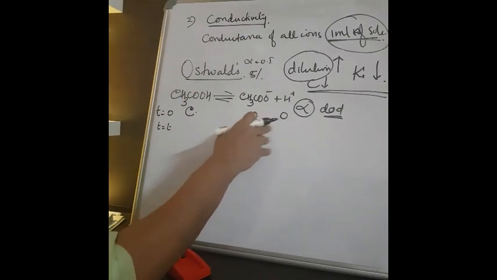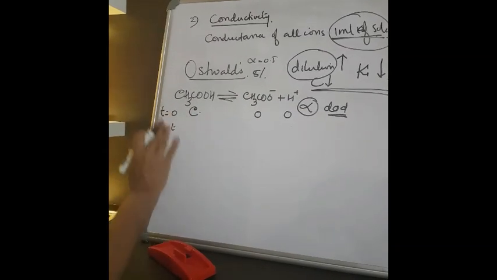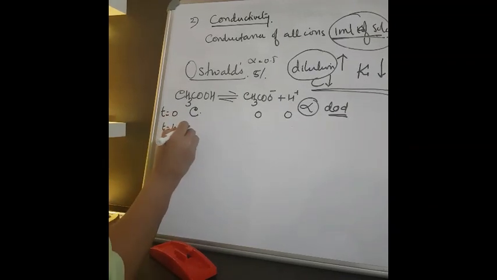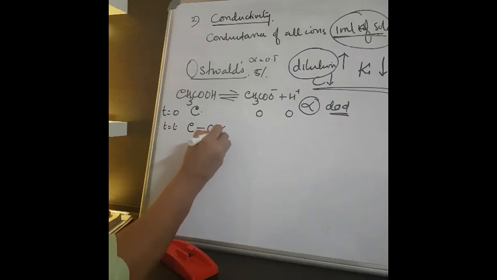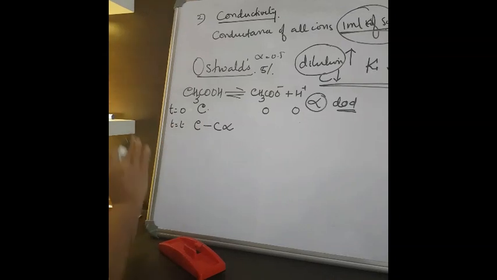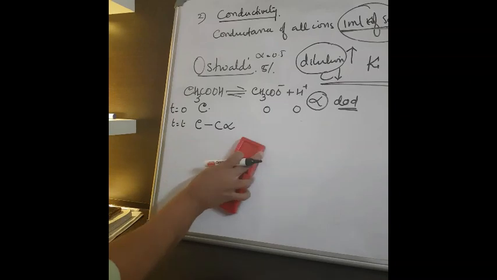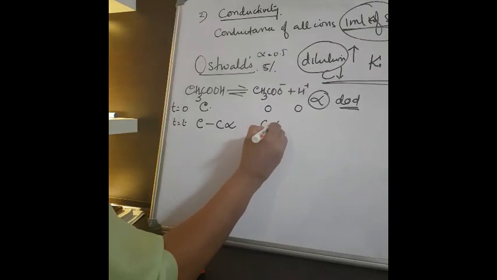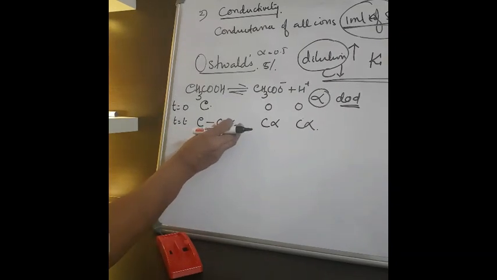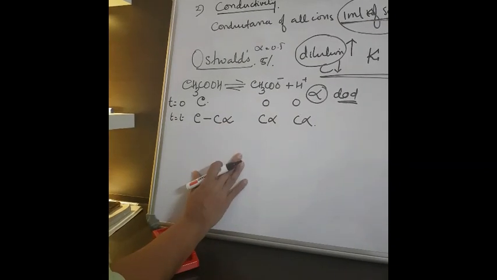So if alpha mole is getting dissociated from 1 mole, and if C is the concentration, after a time t this becomes C minus C alpha. That is, C alpha is getting dissociated from C. 1 mole means 1 minus alpha; for concentration C, it is C minus C alpha. Here, you will get C alpha and C alpha produced, because as much as is getting reduced, that much is getting increased in the products. That is dissociation.